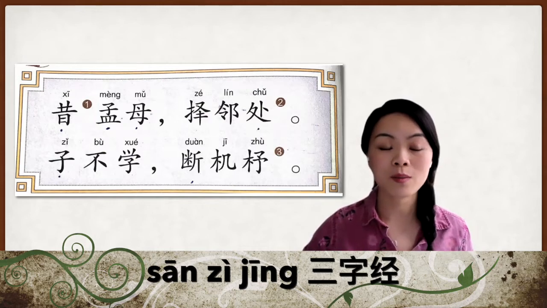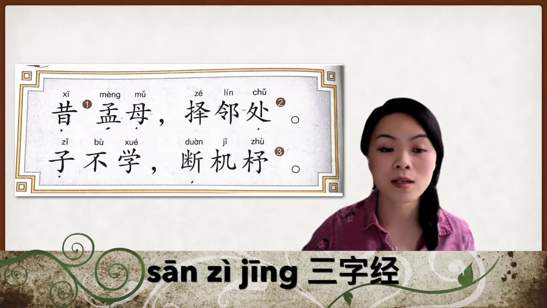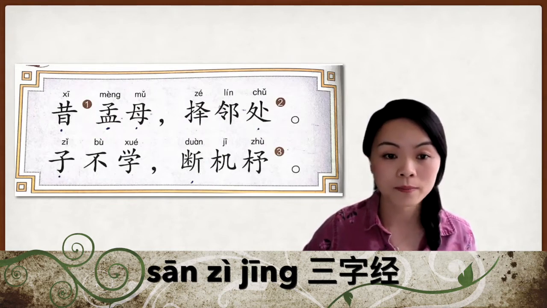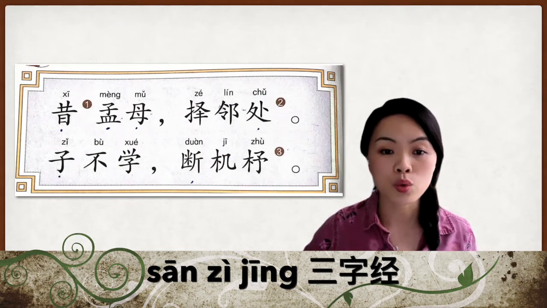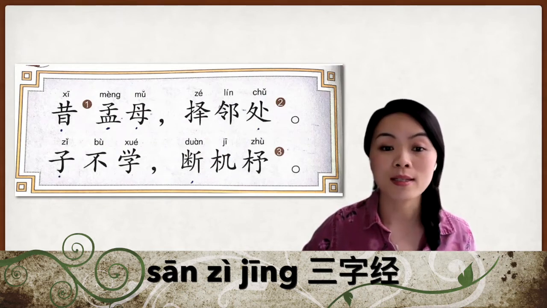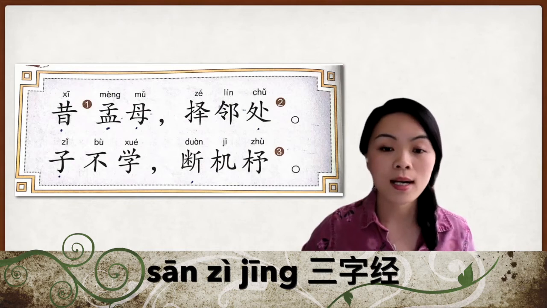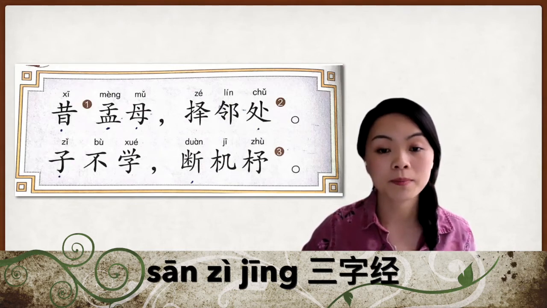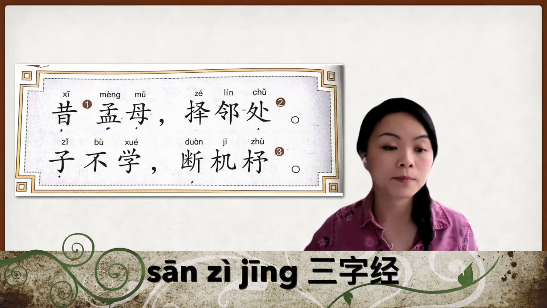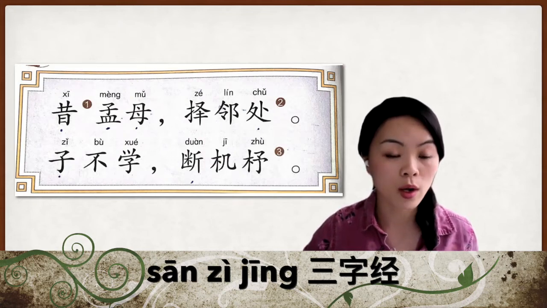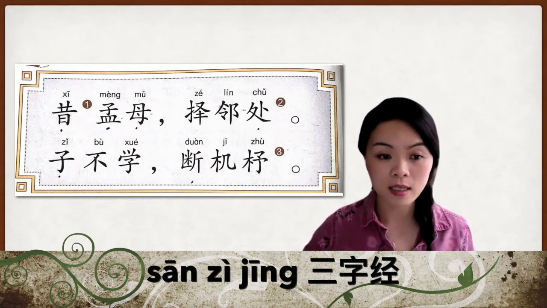If you have learned something about Confucianism, if you have heard about Confucius and Mencius, this story is about Mencius, about his mother. 择邻处. So 择 means 选择. So she was choosing a good neighborhood to settle down. 邻 means 邻居, neighborhood, neighbors. 处 means place.